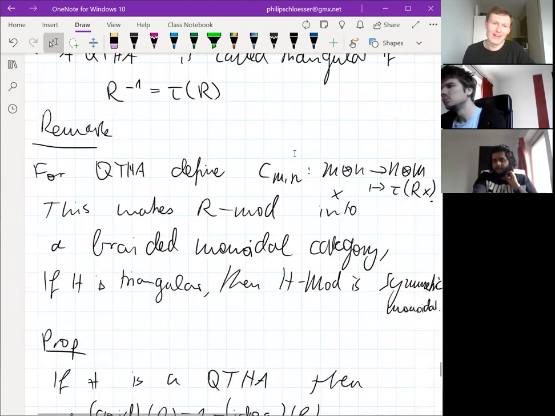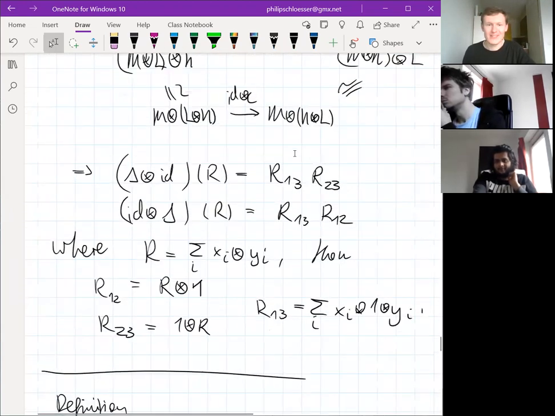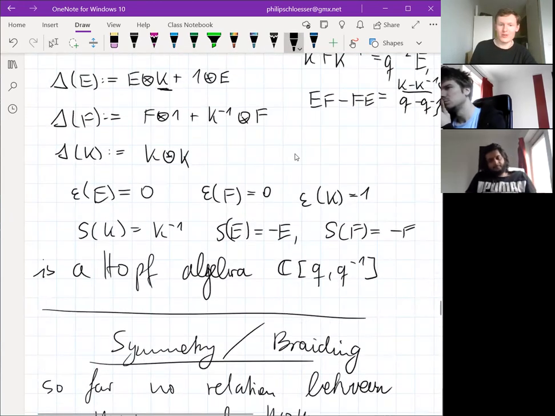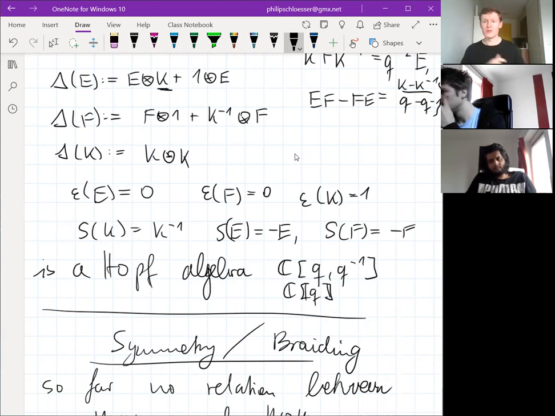So quantization is basically, instead of looking at the Hopf algebra over C, we're looking at the Hopf algebra over C adjoin q and q inverse, I guess in this case. Or usually you could also say just a power series ring in some formal parameter q, with the property that when we set q to 0 or to 1, depending on which flavor of quantization you want to look at, you recover whatever it was you were quantizing.